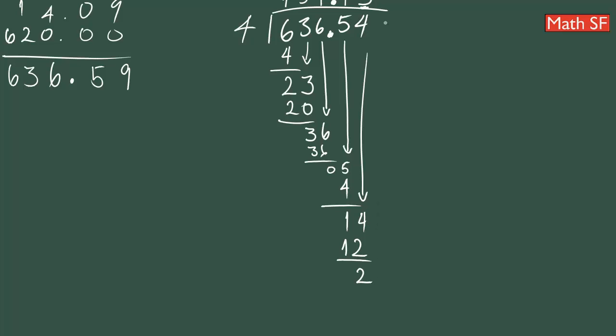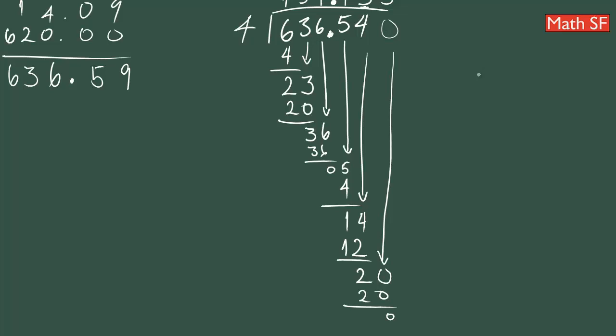Now here we can have as many zeros as we wish. So let's bring in another 0 here. 4 goes into 20 5 times. 5 times 4 is 20. And we're left with 0 remainder. So our division went evenly.